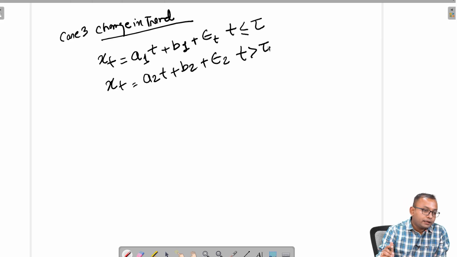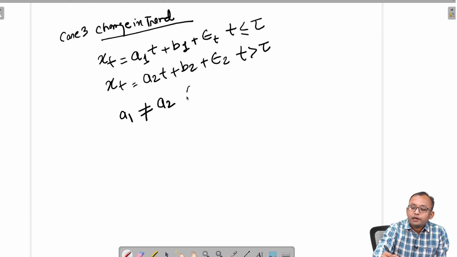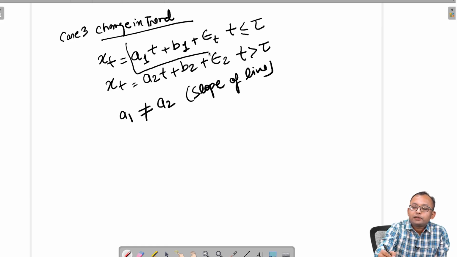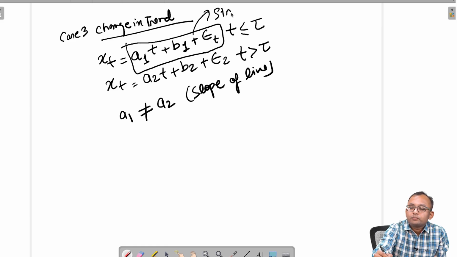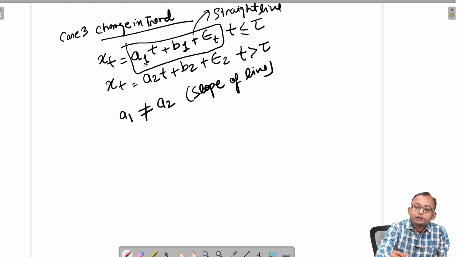So, let us say a1 is not equal to a2, which is the slope of the line, because if you look at this equation, it is an equation of a straight line. This is the slope term and this is your intercept.